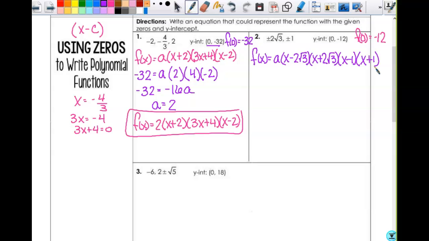We have to take that y-intercept into account. So when I do that, if I make my y value negative 12, that's equal to a, then my x's are 0, so this is negative 2 square root of 3 times positive 2 square root of 3 times a negative 1 times a positive 1.